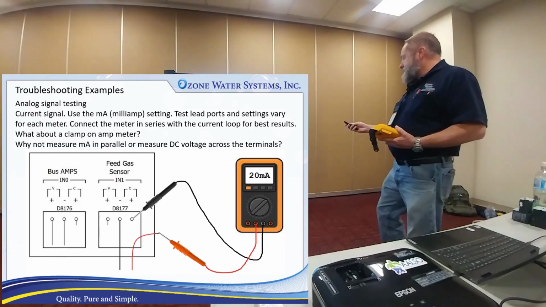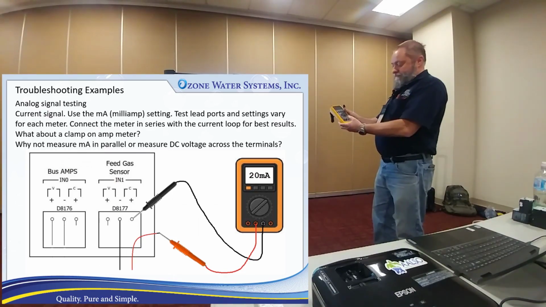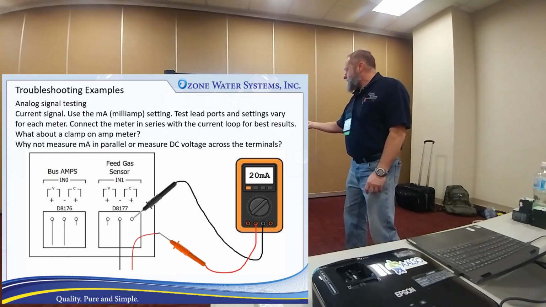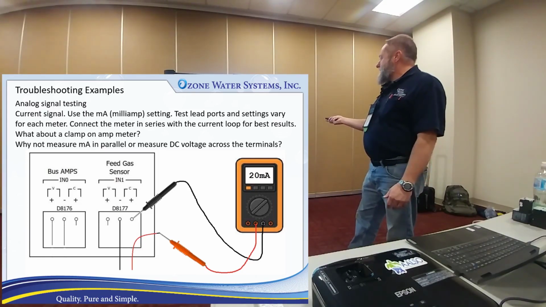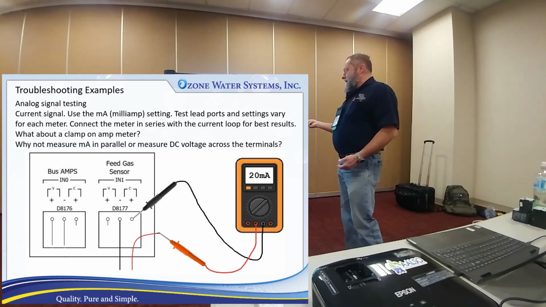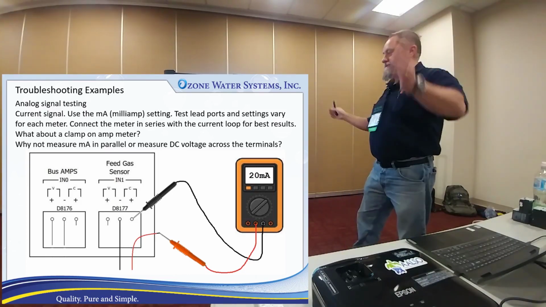But I wanted to point that out. So in this case, that would be similar to this meter, since it's got the milliamp probe. So you can use a different probe port, and of course it's a different setting. But you're going to wire it in series to that, and that way, this is going to read the same thing. Whatever you see here, you should also see in your PLC, because the whole loop is one big chain.